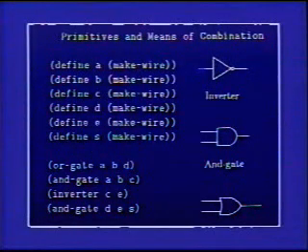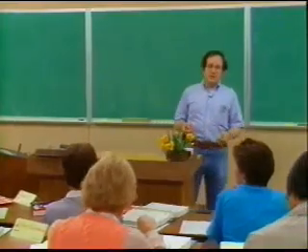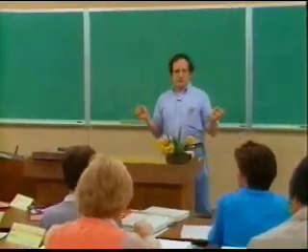An AND gate which has inputs A and B and outputs C, we notate like that. By making such a sequence of declarations, like this, I can wire together an arbitrary circuit. So I've just told you a set of primitives and means of combination for building digital circuits.